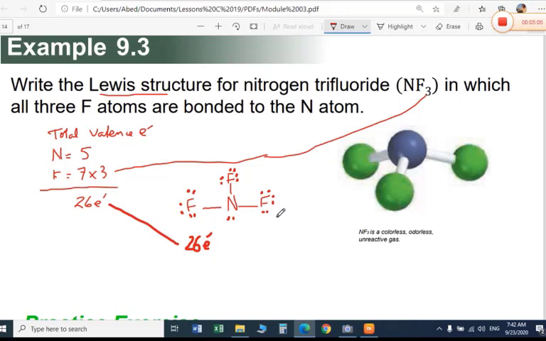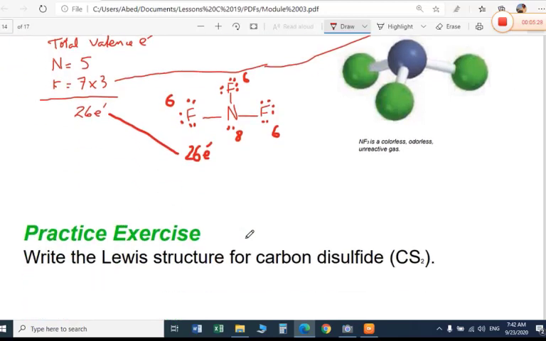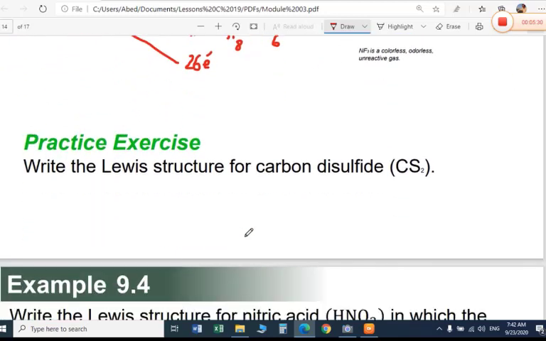This is not your answer, but I'm just teaching you. 6 electrons outside, similarly here also 6 electrons outside, and here also 6 electrons outside, and here we count all 8, 2 outside and 6 inside, so the total will be 8. So if you make the total of this, it will be 26.